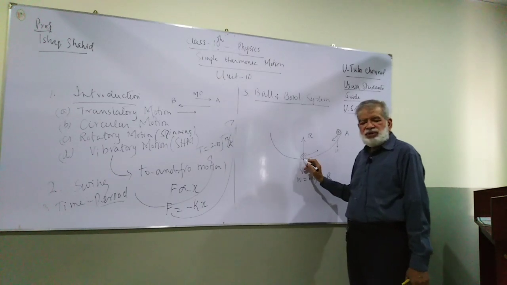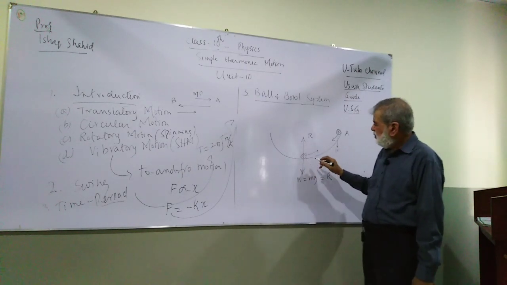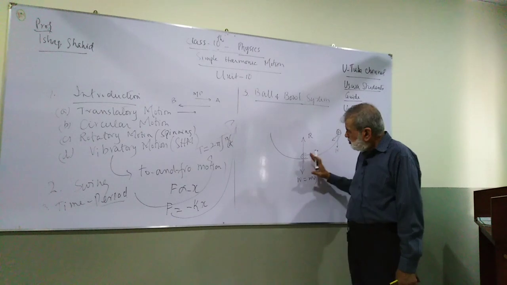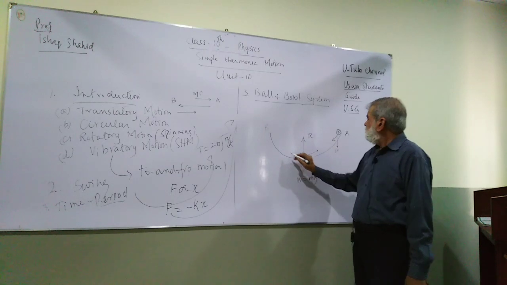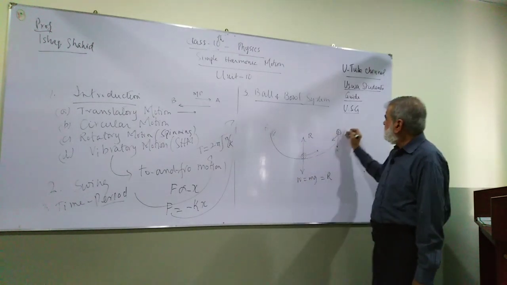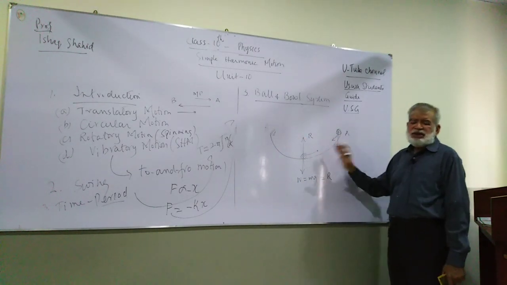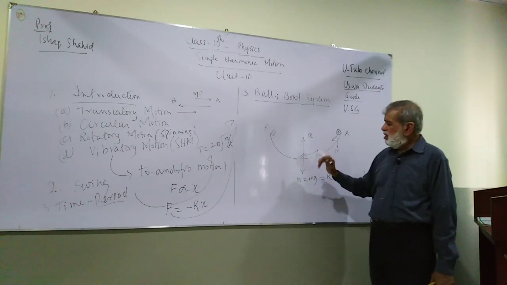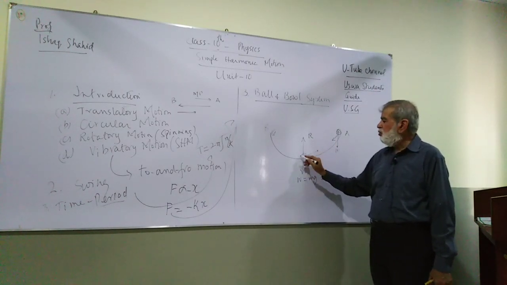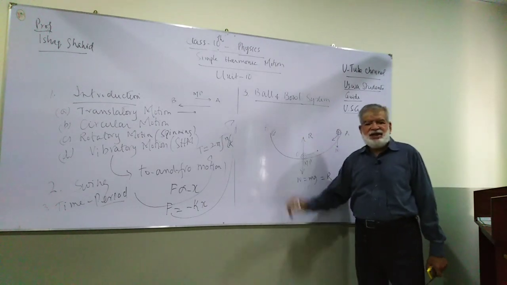When it reaches the mean position, it overshoots the mark because of the velocity that it has gained due to inertia, and reaches the second position B. So the ball keeps moving between two extreme positions A and B like this. This is also an example of simple harmonic motion, to and fro motion about the mean position O, going to one extreme position and the second extreme position.